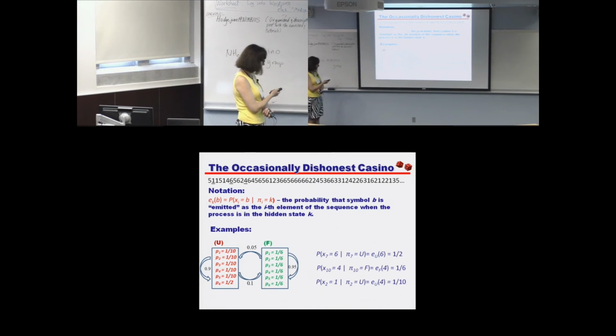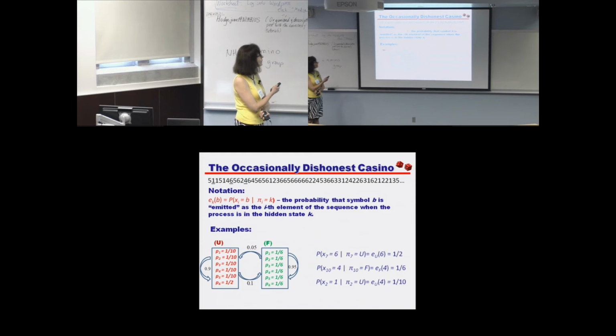For instance, E_U(6) would be: I want to know what the probability is that if I'm using the unfair die, U for unfair, it should be L for loaded, but U for unfair die, to roll a 6, to see a 6 on the 7th roll.